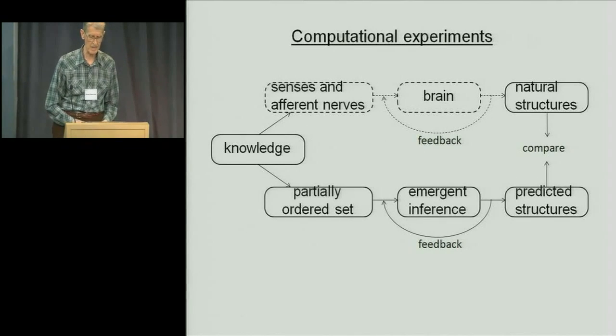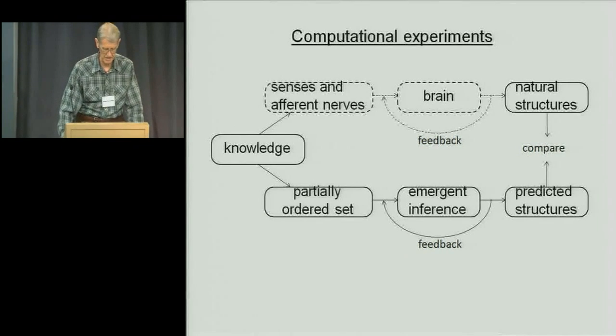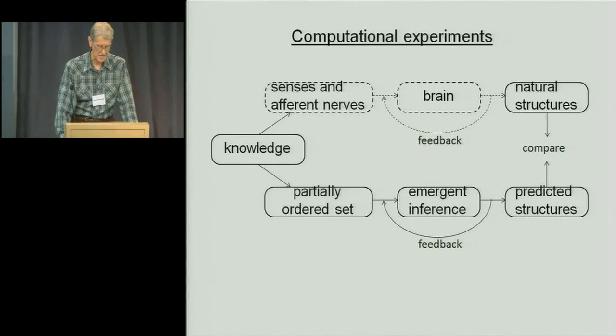Here's one of my computational experiments. I call them brain experiments, although the brain is not involved. I start on the left with some body of knowledge. For example, it could be a problem statement for an object-oriented project.